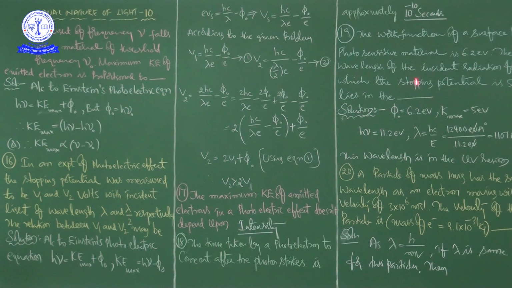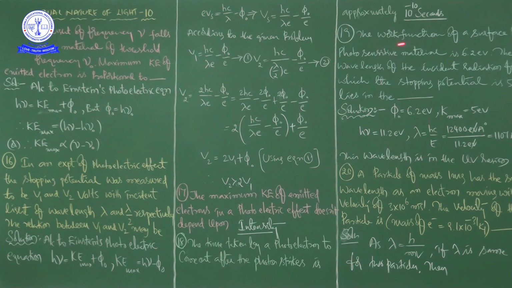The wavelength of the incident radiation for which the stopping potential is 5 volt lies in which region: UV region, infrared region, or visible region? So these are different types of regions, which represent a range of wavelength. Okay, right. So they have given the work function.